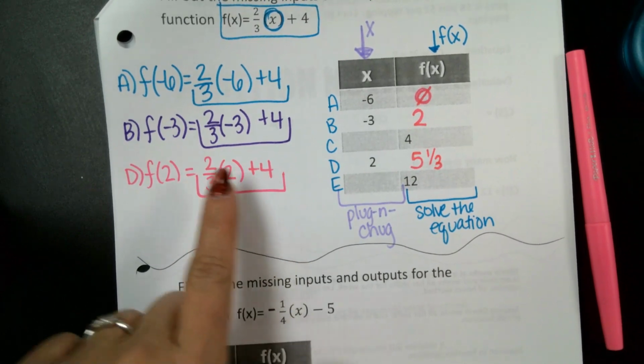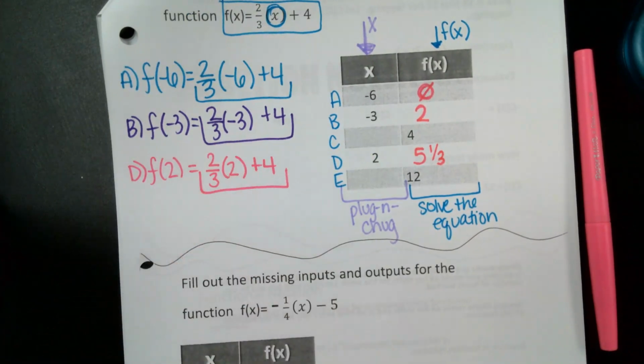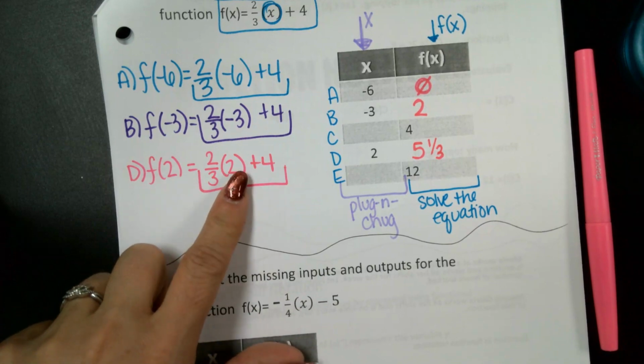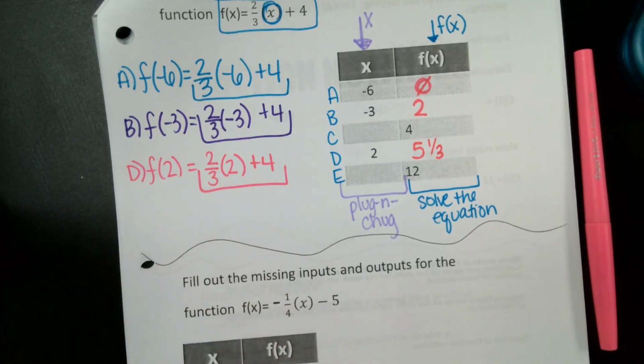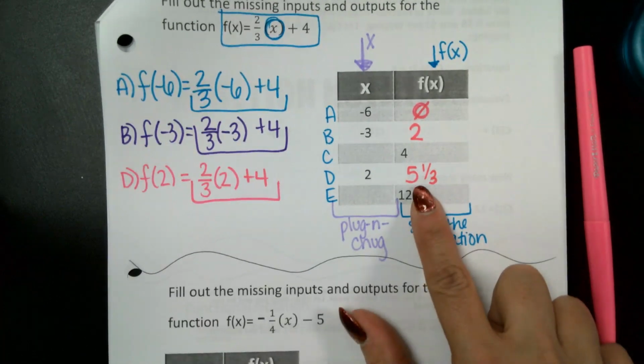Type that in again. Do 2/3 times 2 plus 4. I think you forgot to put the times 2 in there. You get 5 1/3.